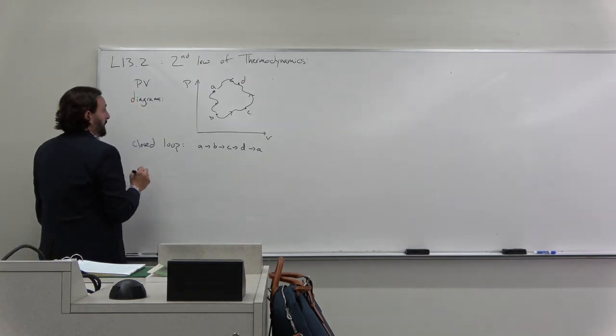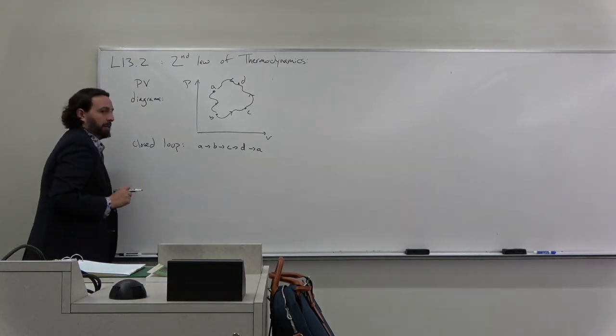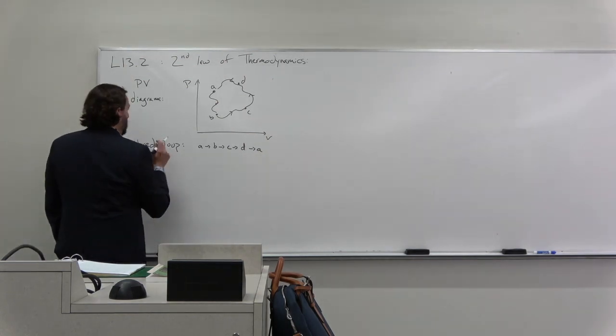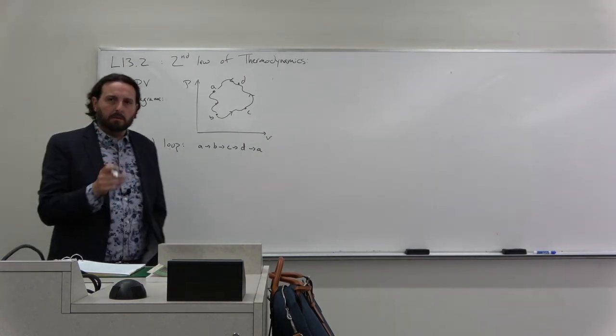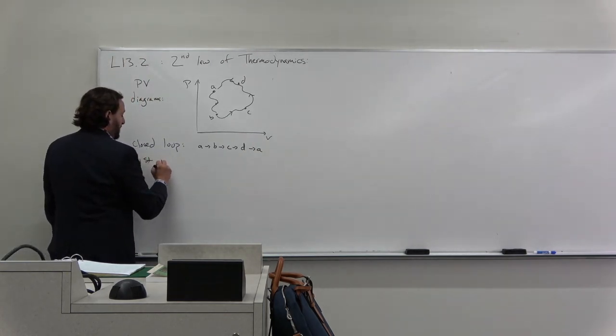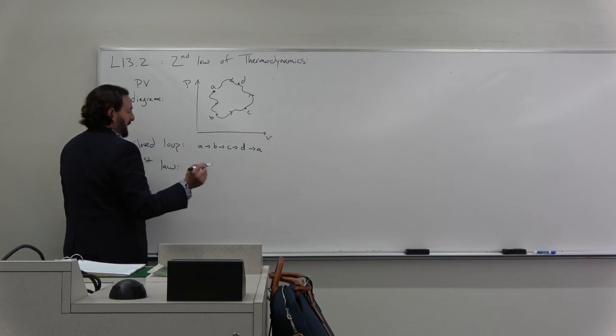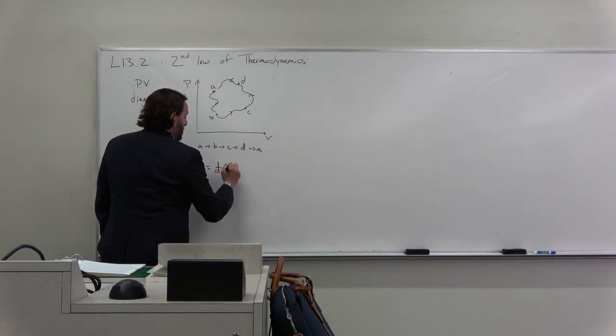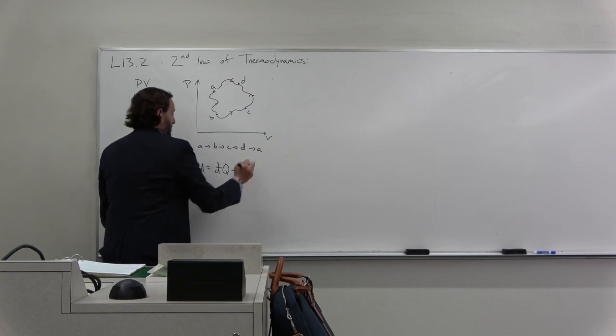Well, one thing we know is that since U is the internal energy, when in doubt, remember we always think about these diagrams in terms of the first law. So let's start at the first law: dU equals dQ plus dW.